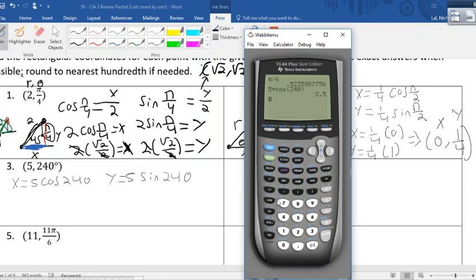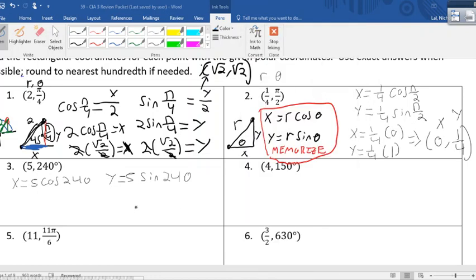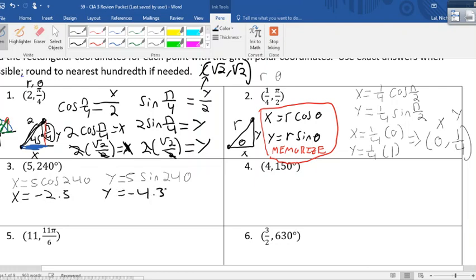All right, and then 5 times the sine of 240 degrees, which is going to be negative 4.33. So our x rectangular value is going to be negative 2.5 for our horizontal component. Our vertical component is going to be negative 4.33, which means our rectangular coordinates are going to be negative 2.5, negative 4.33.